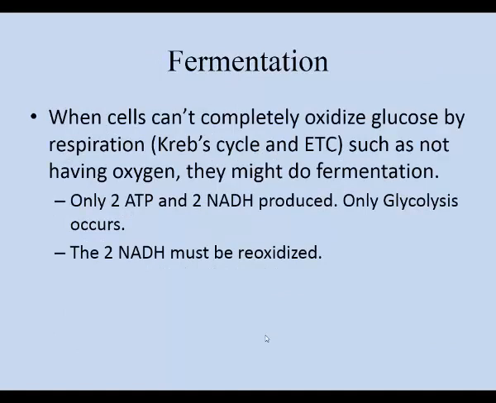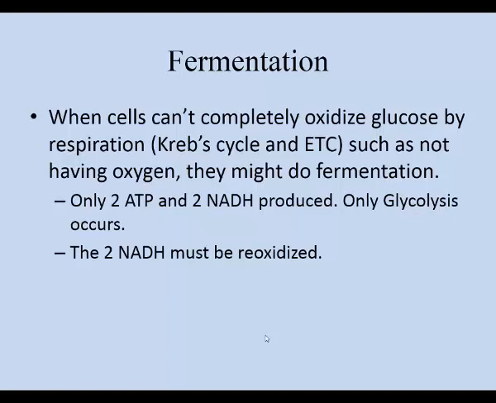Now, there are times when you're not able to make as much ATP by using respiration, so you have to do something else. So when cells can't completely oxidize glucose by respiration through the Krebs cycle and electron transport chain, so if you don't have oxygen, they might do instead a different thing that's going to produce not as much energy, but some, called fermentation.